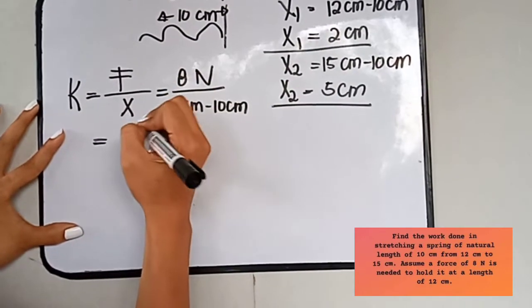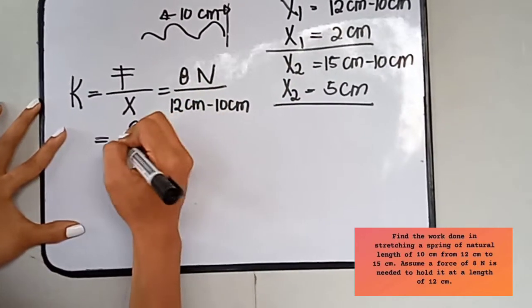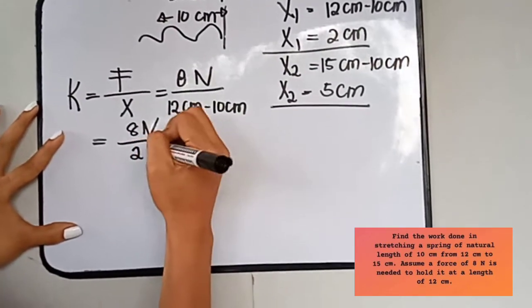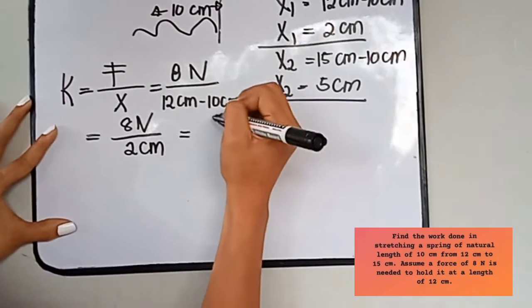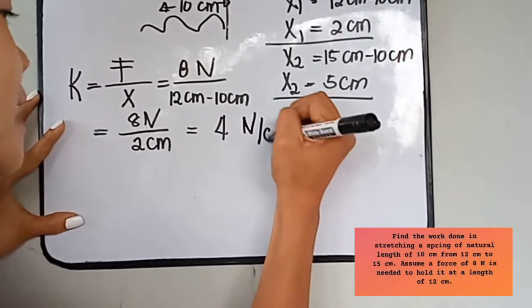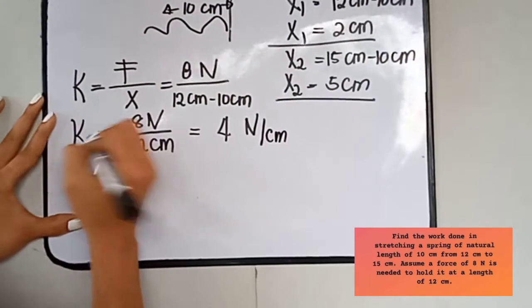So 8 Newtons over 2 centimeters, which is 4 Newtons per centimeter. So this is our k.